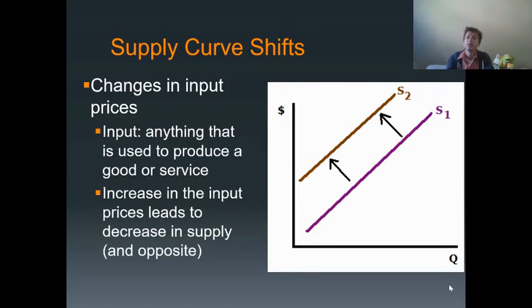An increase in input prices understandably means that firms will be able to produce less, so supply decreases. If you have a decrease in input prices, then firms will be able to produce more because it becomes relatively cheaper for them to produce. So supply would shift right in that case.